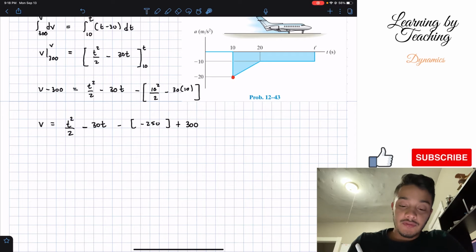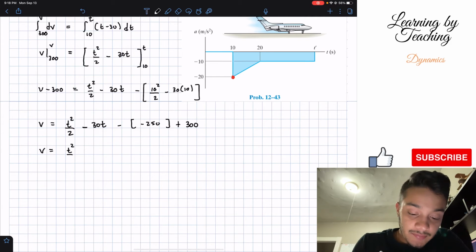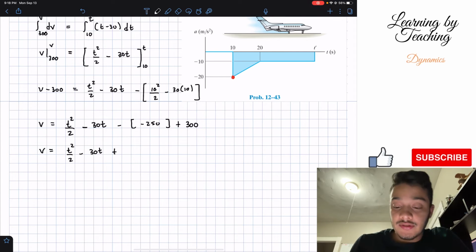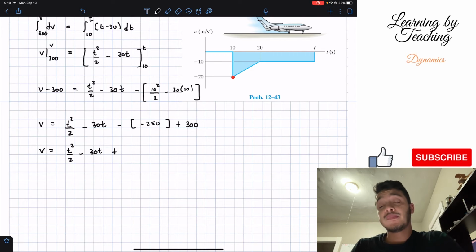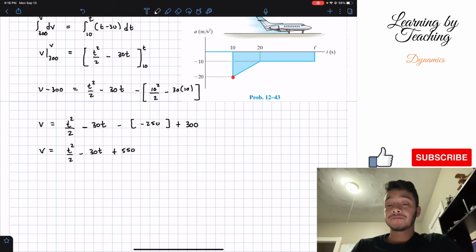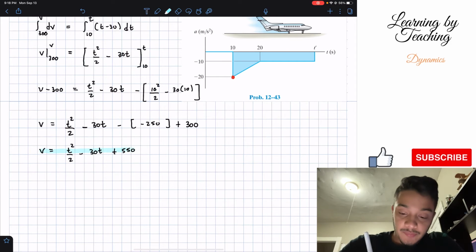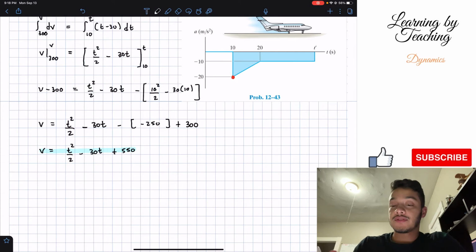Just to double check, we have a minus and a minus, so these two become a plus. So our velocity is equal to t squared divided by 2 minus 30t plus 250 plus 300, which gives me a total of 150. And here is our third important equation for velocity.